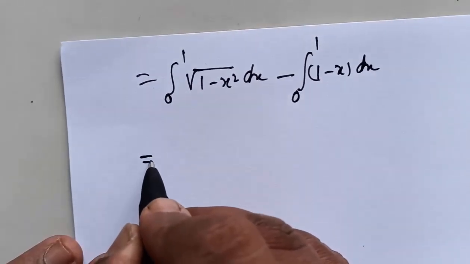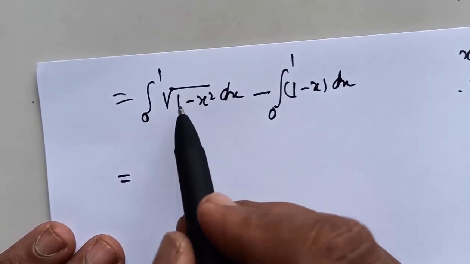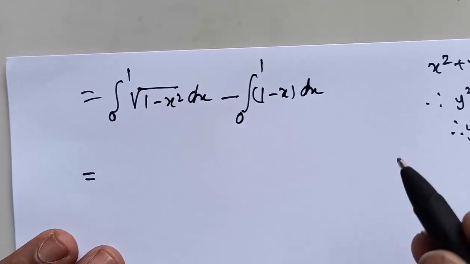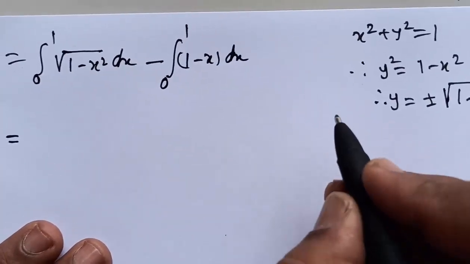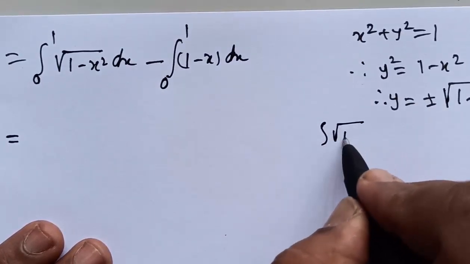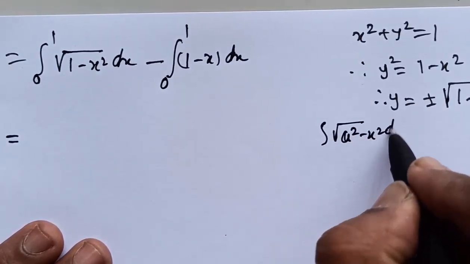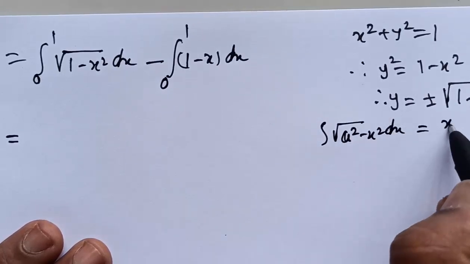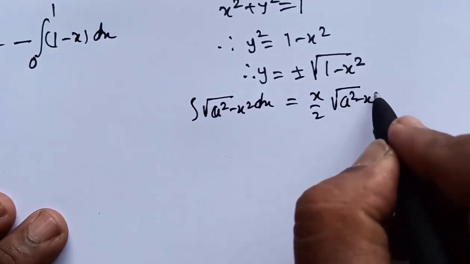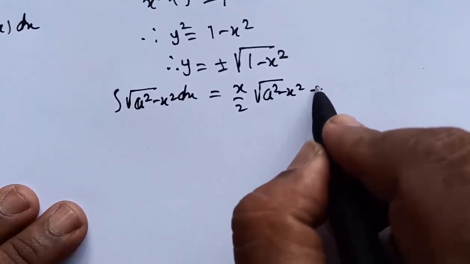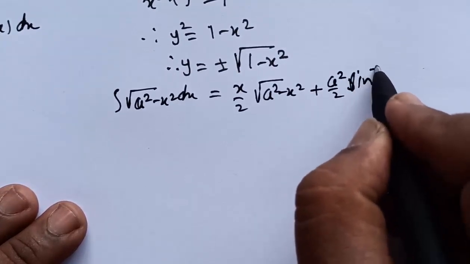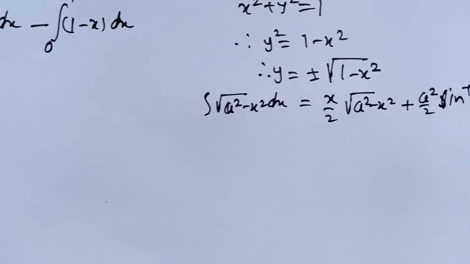Now, in order to find the definite integral of under root of 1 minus x square, we know the formula: integration of under root of a square minus x square dx is equal to x by 2 under root of a square minus x square plus a square by 2 sine inverse of x upon a.